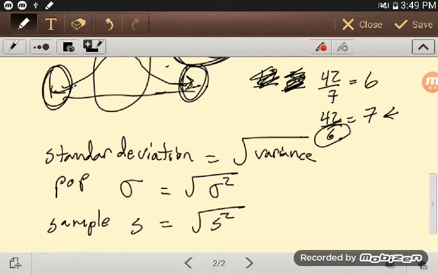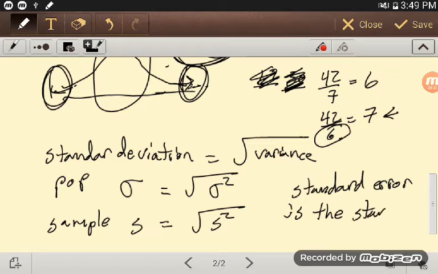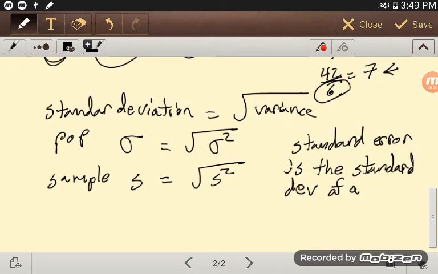And then finally, standard error. Standard error is the standard deviation, so it's really the same thing, the standard deviation of a statistic.